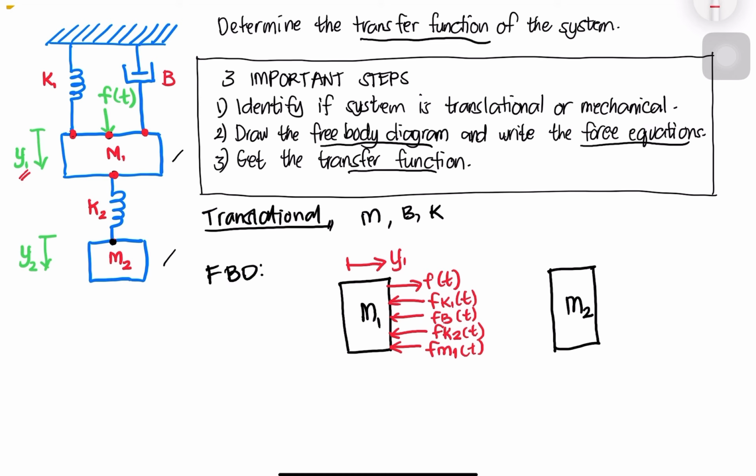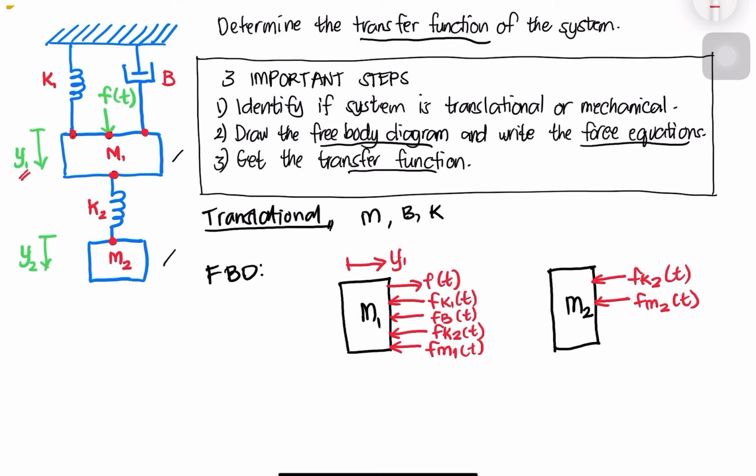What's connected to it is FK2. FK2. And then the force from the mass itself, FM2. So if you'll notice, we didn't indicate here any external force because nothing is connected to it.